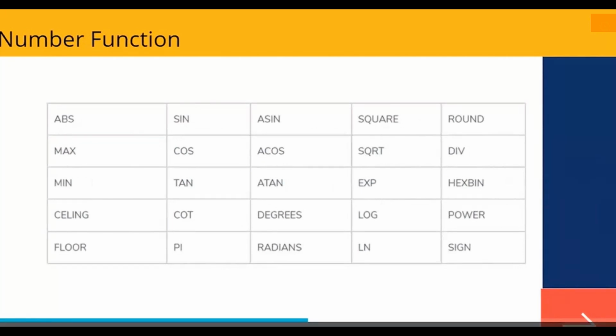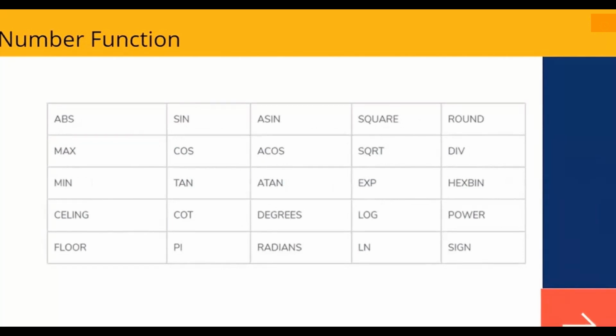Number functions are something we use when we want to perform some kind of calculations on the data. Most of the time, number functions are used along with the measures.